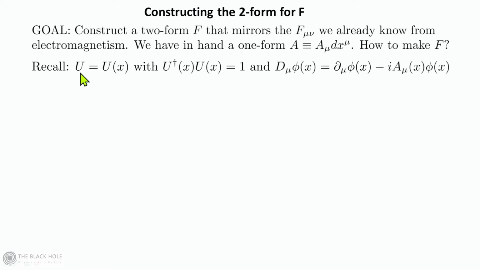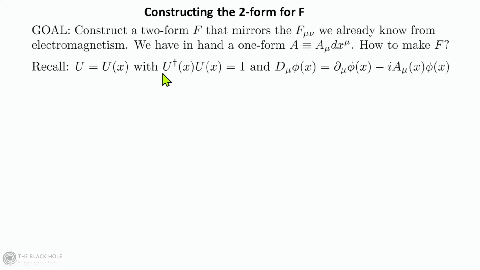Just to remind you, we do our gauge transformations using this matrix U, which is different at different points in space. Now, this is a matrix which belongs to some gauge group. It could be SU2, it could be SU3, whatever.